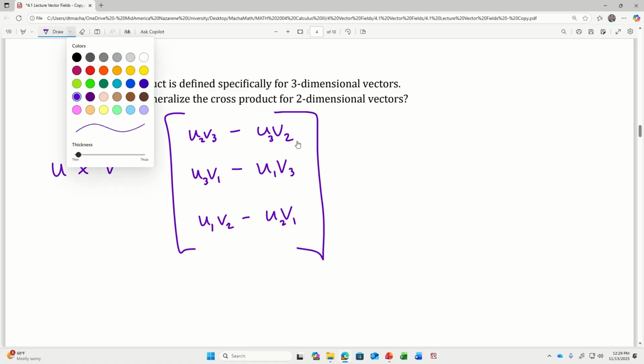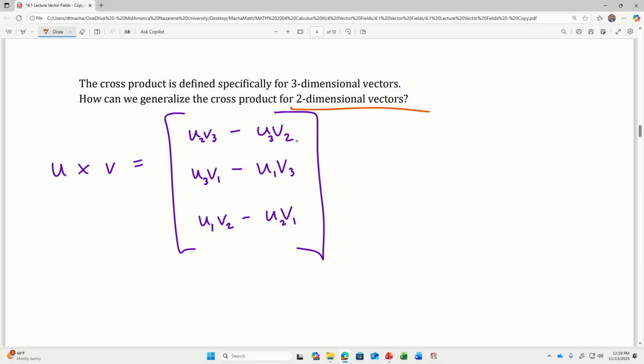3-dimensional vectors. What if I want to do this with 2-dimensional vectors? Like A is just the vector A1, A2, and B is just the vector B1, B2. Well, we pretend that they're 3-dimensional vectors that are still living in the xy plane, so the z component is 0.